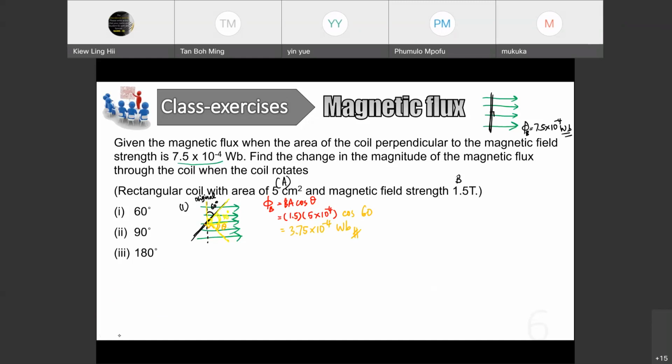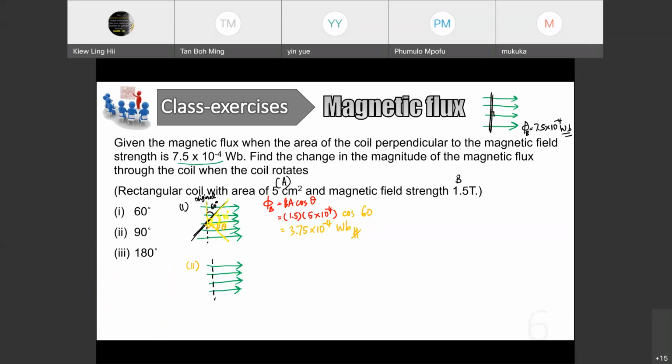Move on to question 2. The original position, and it is now rotated to 90 degrees.